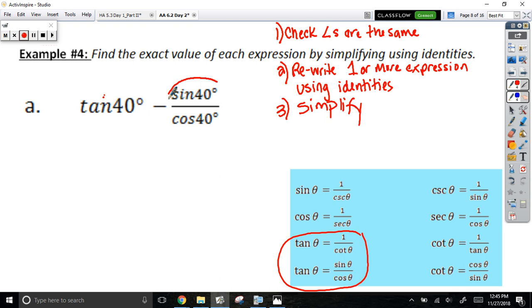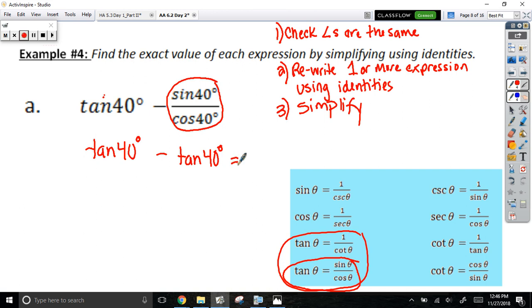So sine 40 over cosine 40, using this identity, tells me that this is actually the tangent. Remember that these identities, since they have an equal sign, they go both ways. Remember, that's called the symmetric property. You can flip them around. And then I'll show this the other way in case you don't like it. What do you think tan 40 minus tan 40 would be? 0. That's your answer. You need work to support it though.